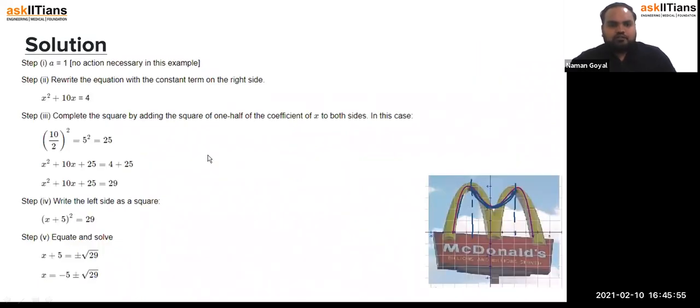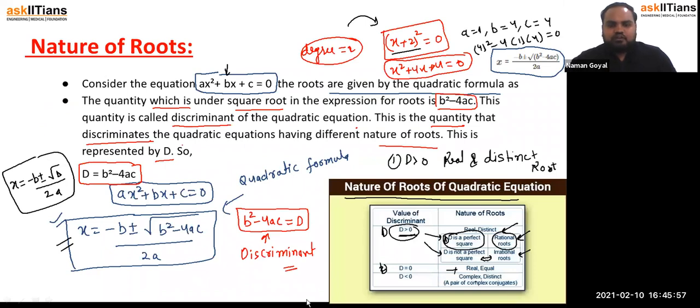After that, this is the solution. After that we learn about the nature of roots. For any quadratic equation ax square plus bx plus c, this formula is known as the quadratic formula, which is minus b plus minus under the root of b square minus 4ac upon 2a.